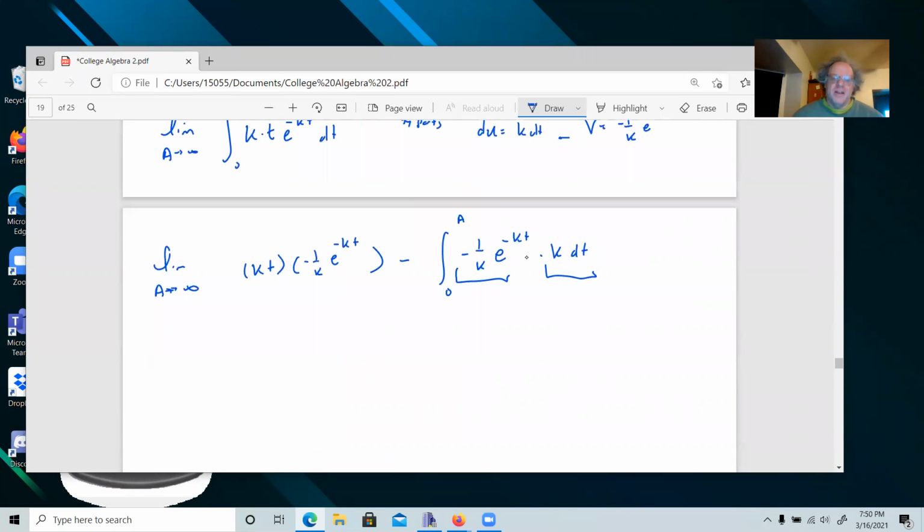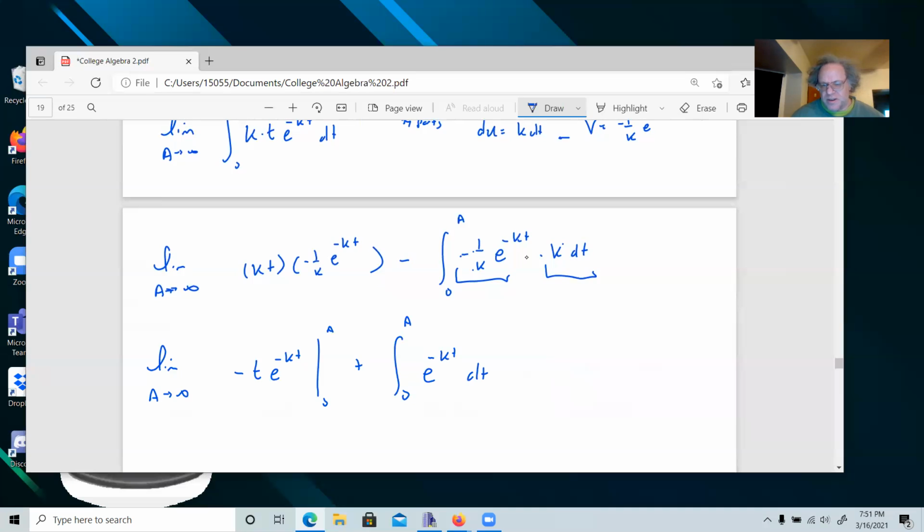All right. So we have limit as a goes to infinity. And we're going to clean this up. k over k is 1. So we're going to have negative t e to the negative kt, and we're going from 0 to a. We have a minus and a minus, so here's a plus. Integral 0 to a. This cancels, k over k, and we just have e to the negative kt dt.